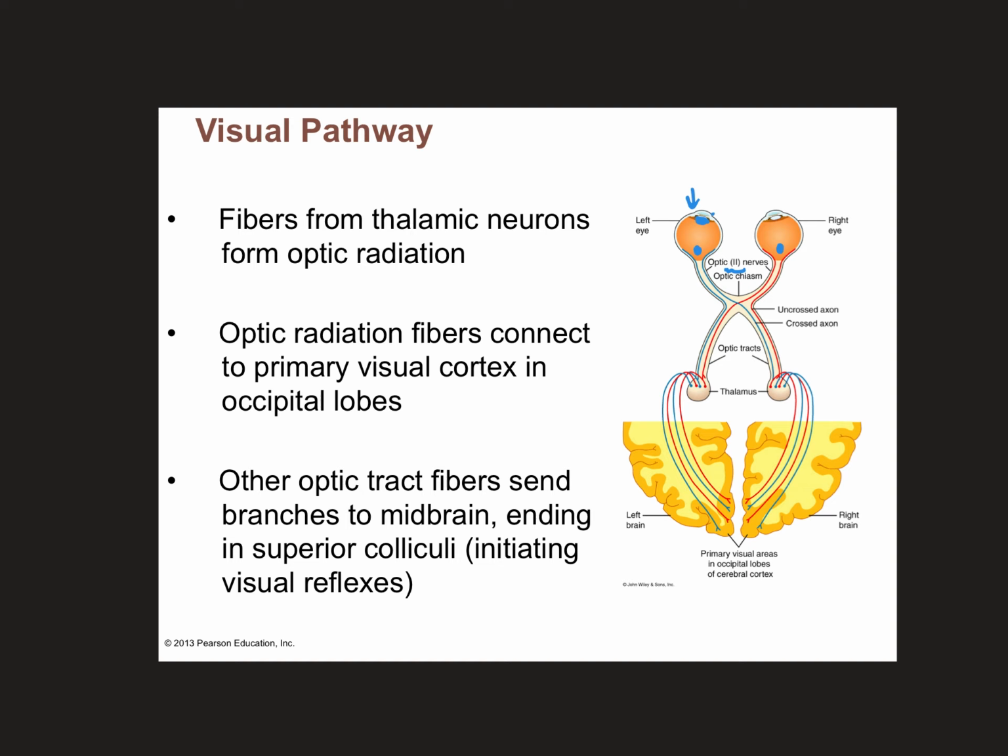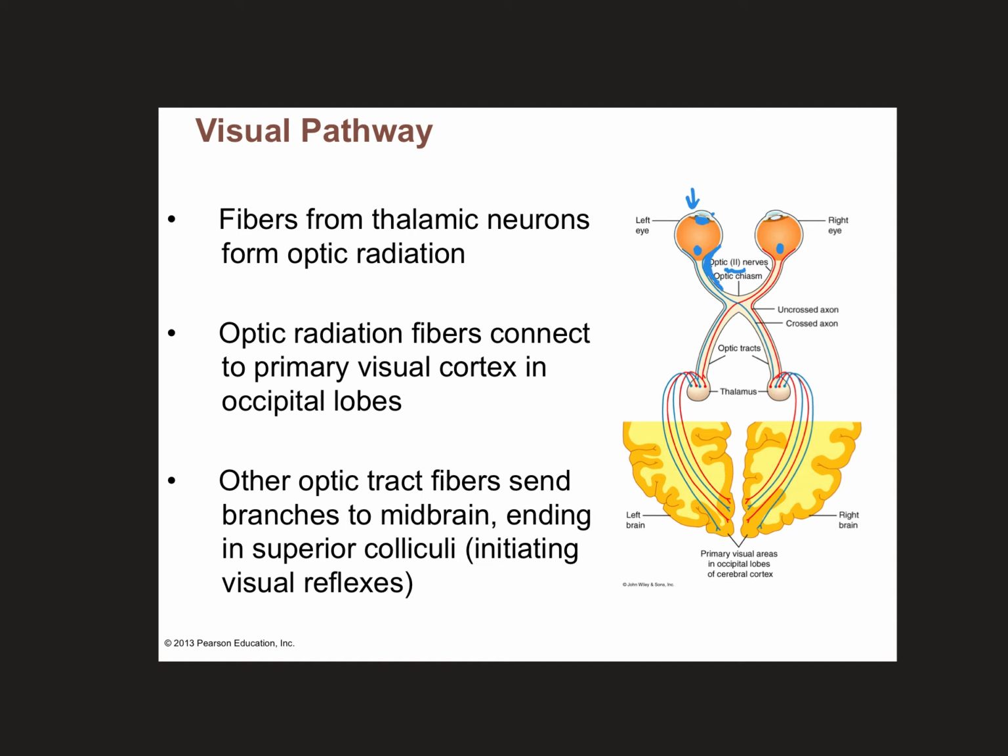The way that these nerve fibers leave the eye and travel to the brain, first of all, is that on the medial aspect of each eye, so this is the left eye, I'm going to draw it in blue to go along with this color.